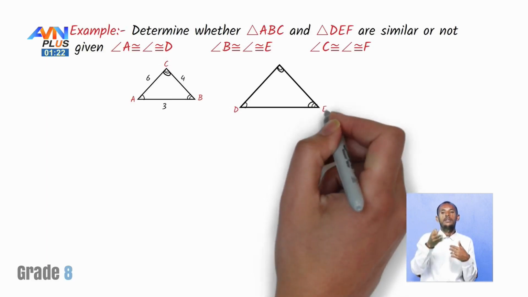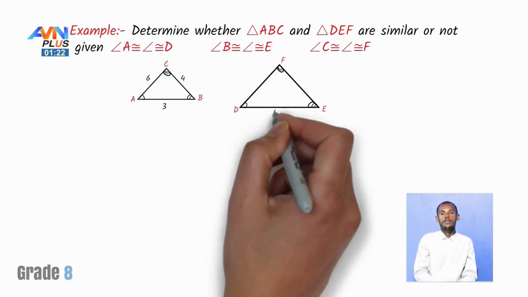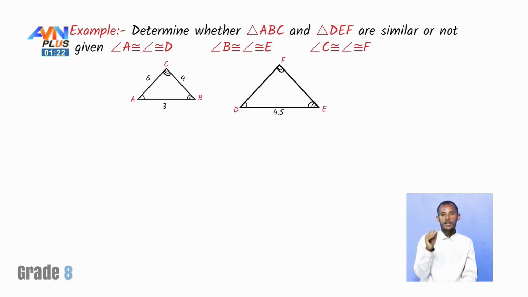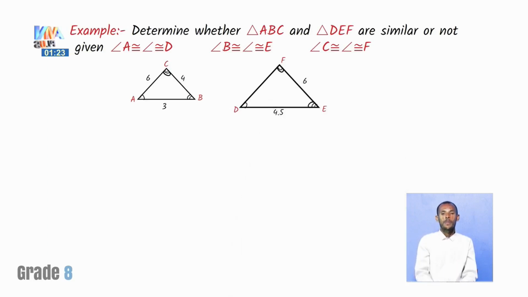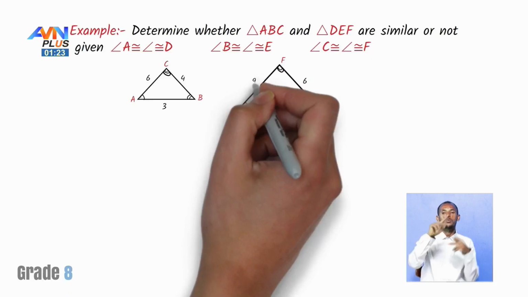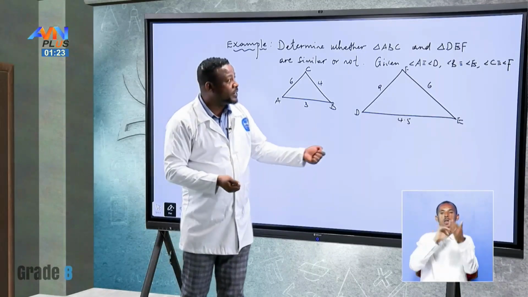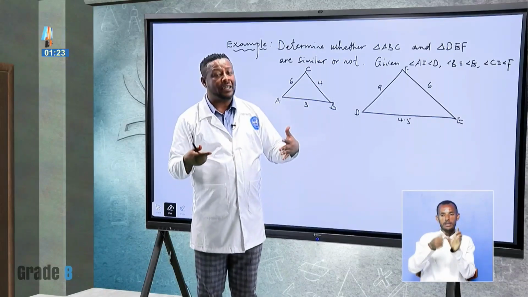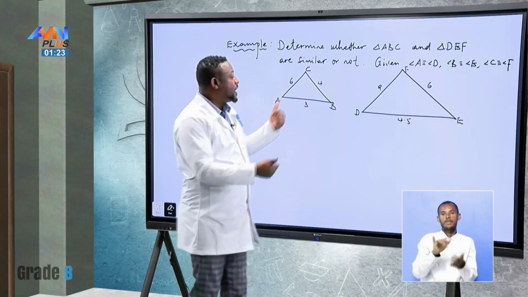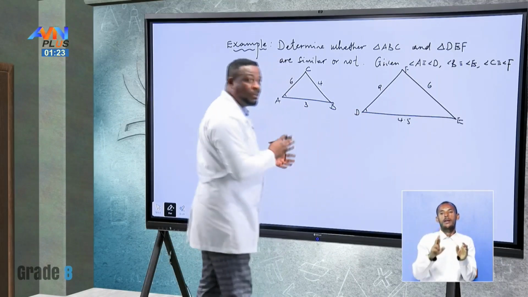The sides of the second triangle are 4.5, and this is 6, and this is 9. Okay, now here we have two triangles, triangle ABC and triangle DEF. What is given here, the corresponding angles are the same. That means angle A and angle D are the same, is given.